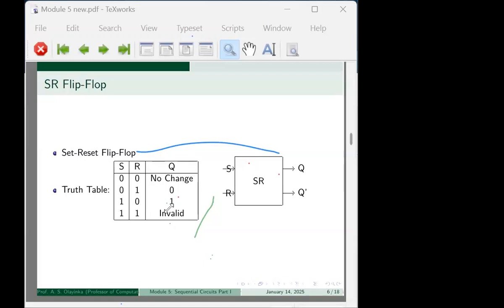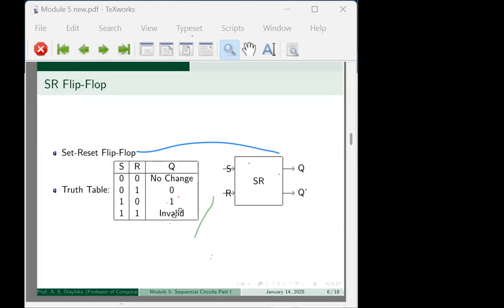Then look at the next situation you have here. It's just like you are saying Q prime. What you are having here is just like you are inverting the whole process. It's Q prime. So where you have 0 here becomes 1. Where you have 1 becomes 0.